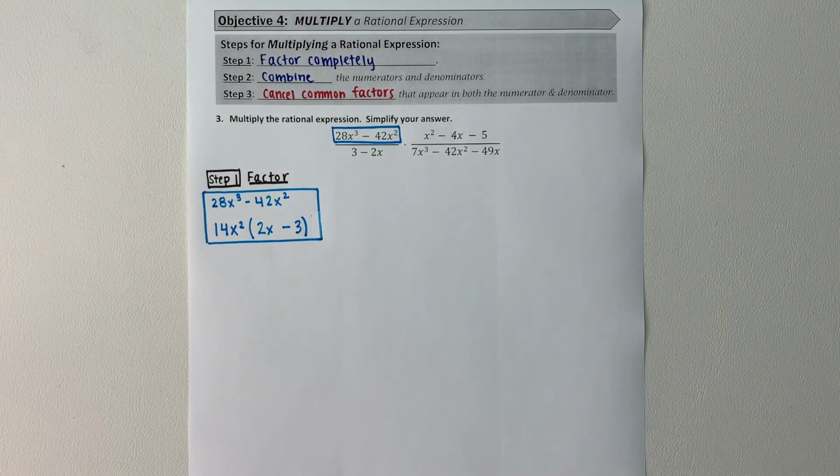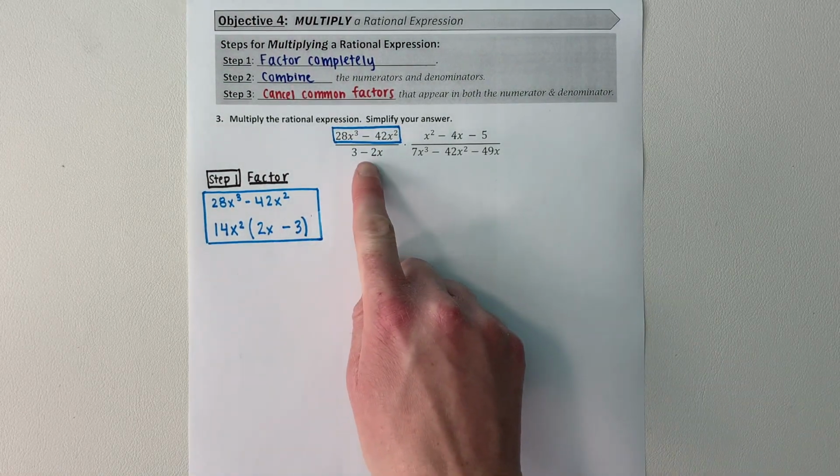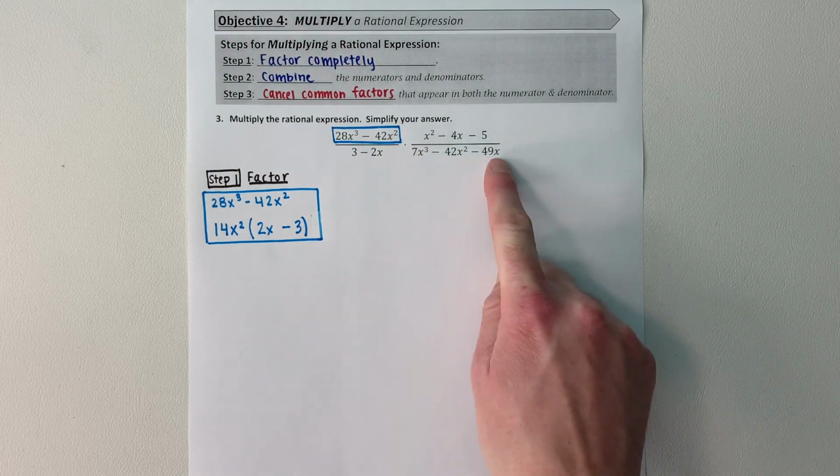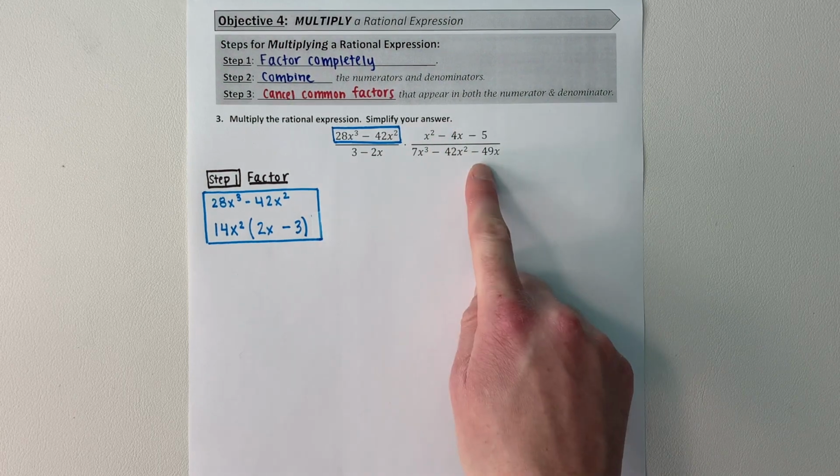Now I'm going to speed up the video as I factor this denominator, this numerator, and this denominator. I encourage you to pause the video, try to do the factoring on your own, and then when you're ready to check your answers, play the video.